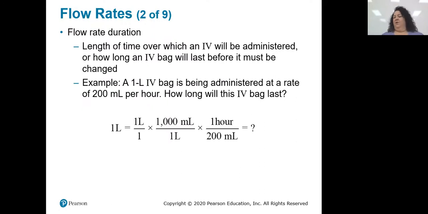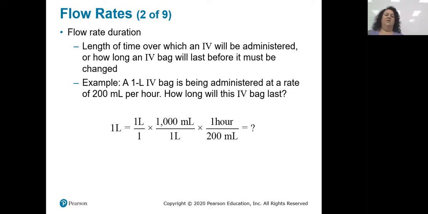So flow rate duration, and this is getting into page 326. This is going to refer to the length of time over which an IV will be administered, or how long an IV bag will last before it must be changed or before it needs to be pulled altogether. So they give us an example here to start with of a 1 liter IV bag being administered at a rate of 200 ml per hour.